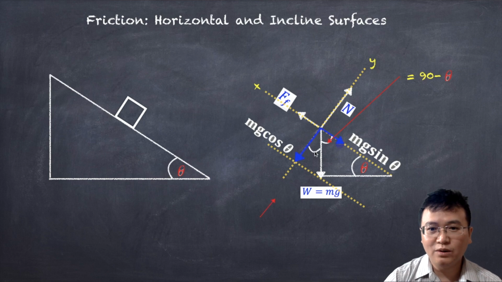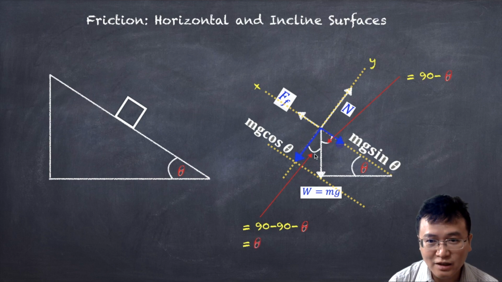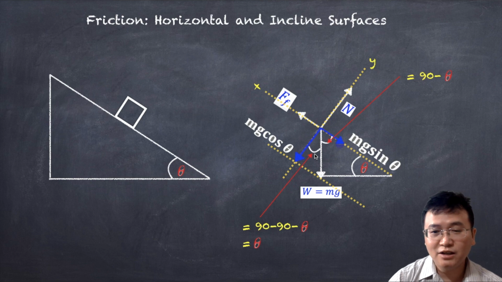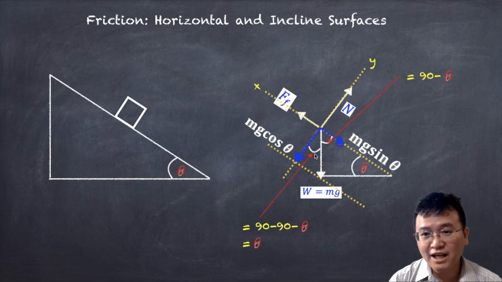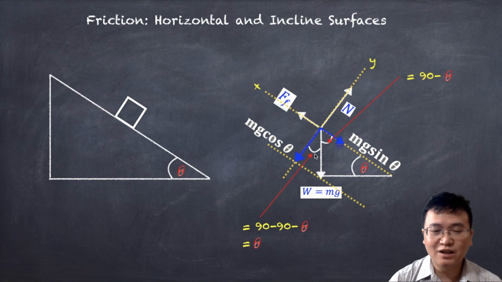So what is this angle? This angle is nothing more than 90 minus this angle, which is 90 minus theta, because this blue line and this blue line make a 90 degree angle. So in conclusion, what you have is theta right here. Once you have theta, you only need to use the definition of sine and cosine, and I expect you to know that definition. If not, watch another video on the definition of sine and cosine.